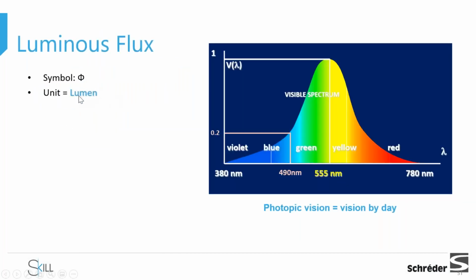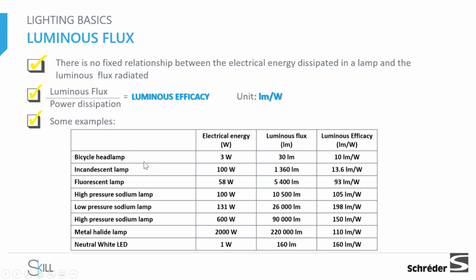If you look at the datasheet of any light source, you will find how many lumens it's producing. Maybe this is a typical table which shows approximately what will be the values for luminous flux of different light sources. We see that if we are looking at the bicycle headlamp, we have something around 30 lumens.